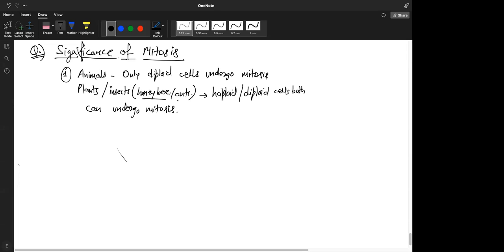Remember these two examples, honeybee and ants. In these organisms, haploid cells also undergo mitosis.